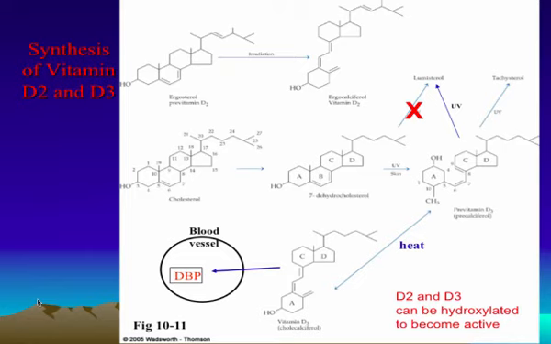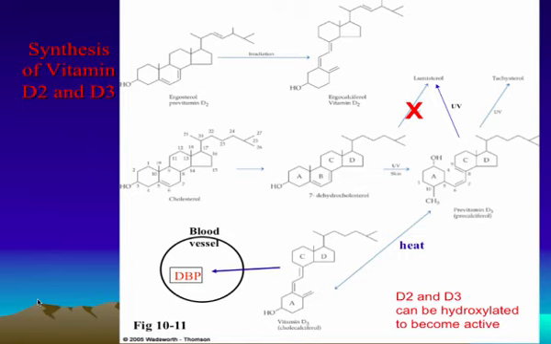And your textbook, I think, is wrong here, so we cross this out. Pre-vitamin D3 can become lumisterol and tachysterol, two molecules that have no vitamin D activity. And I'll tell you why they're important in a second.